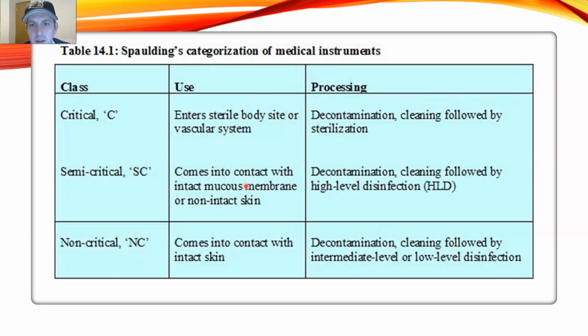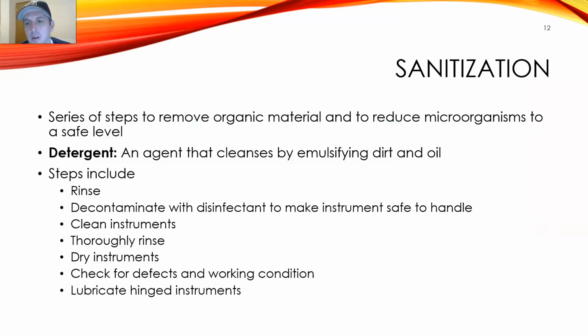Semi-critical are things that come into contact with intact mucous membranes or non-intact skin. Right? This is high-level disinfection. We'll talk about what that means. And then non-critical are things that come in contact with intact skin and obviously have a lower possibility of disease transmission, so can be disinfected at a lower level.